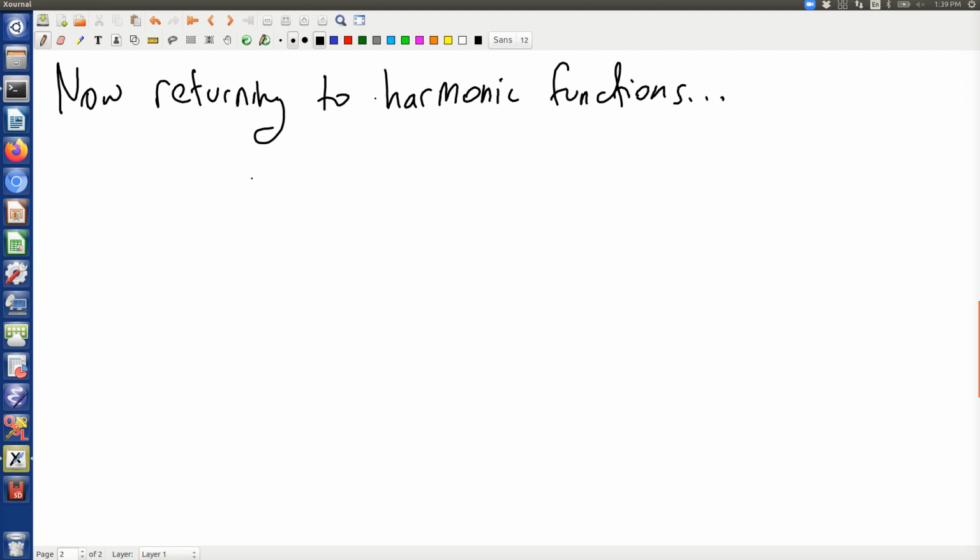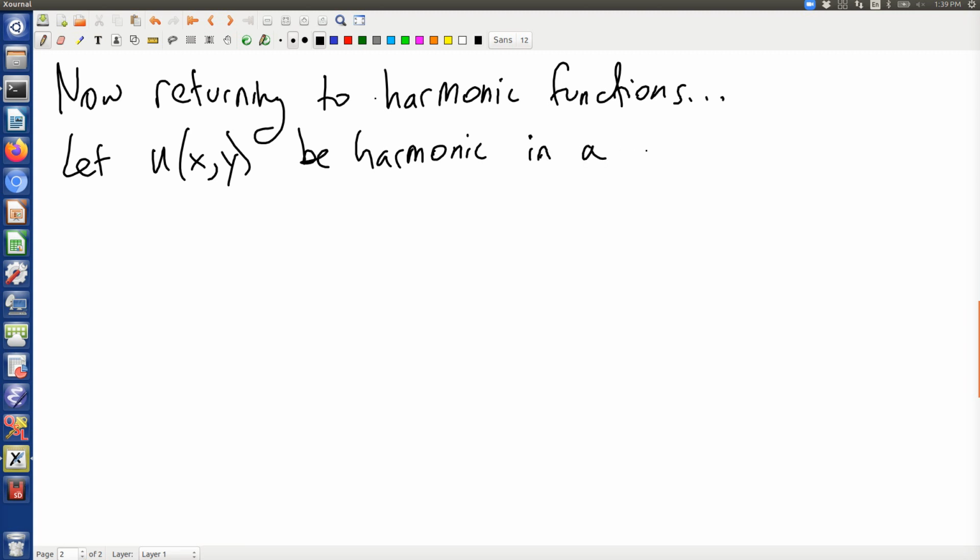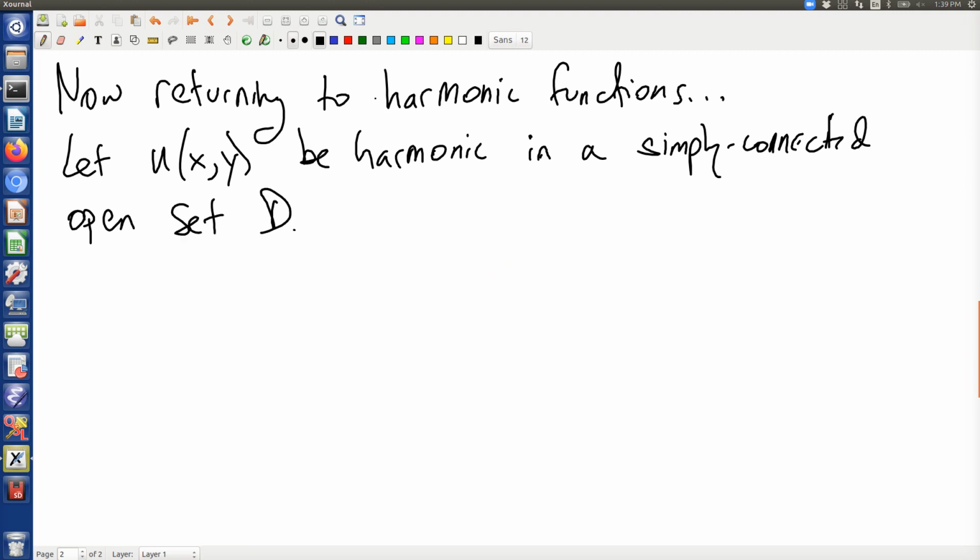So suppose I have a harmonic function u, and let it be harmonic in a simply connected open set D. Very much like the Green's theorem situation that we just dealt with, because we're going to make use of that Green's theorem.